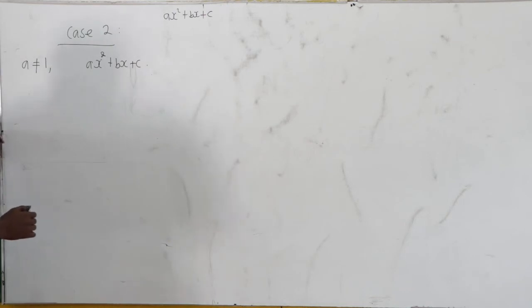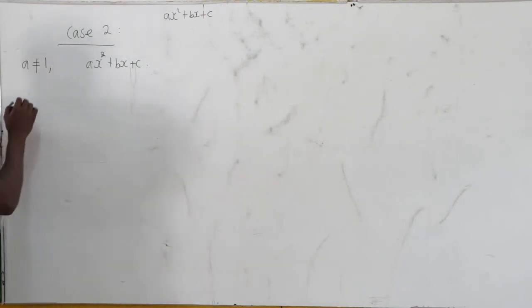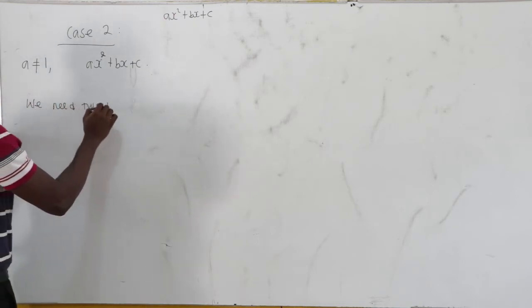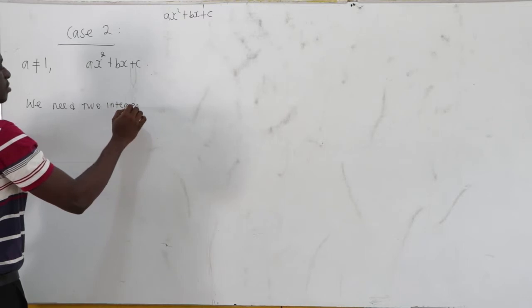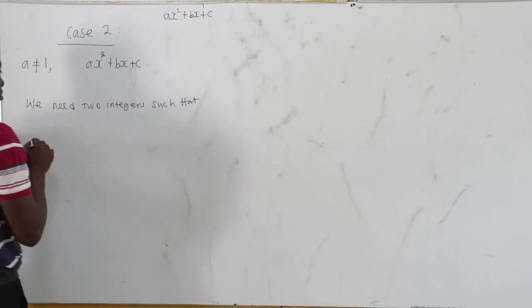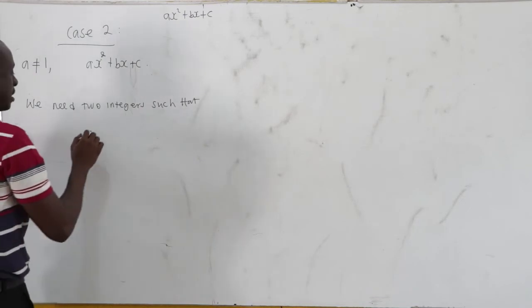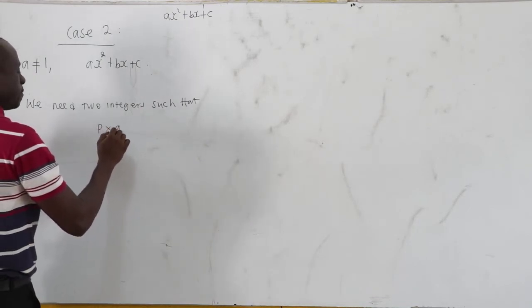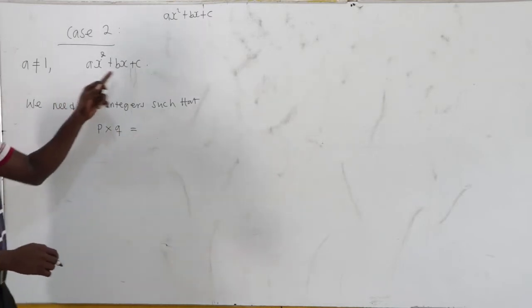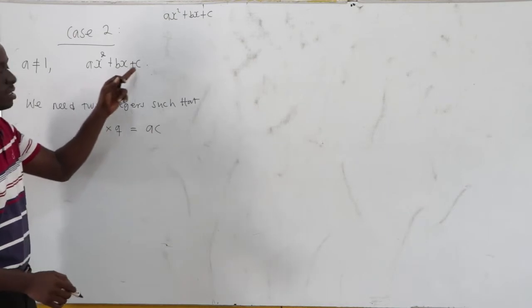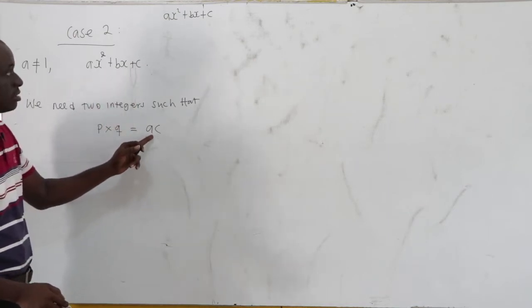Now we need two integers such that when we multiply, let's suppose p and q, if you multiply p times q, you are going to get ac. You multiply the a and then c, you get ac.